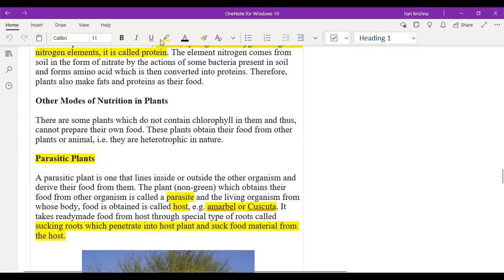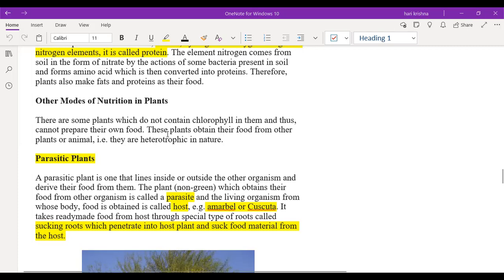One example of a complete parasite is Cuscuta and Rafflesia. Insectivorous plants also have chlorophyll.